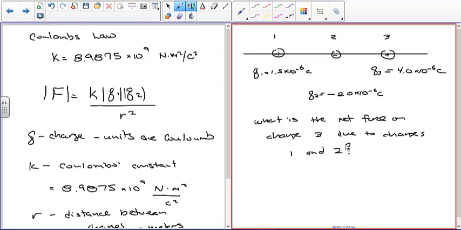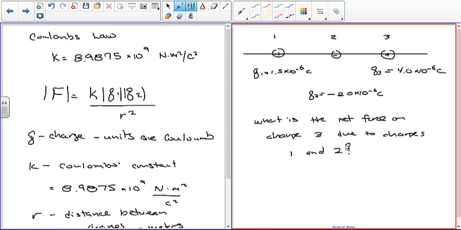Now they're all in a line, so that makes the vector part easy. We just have to worry about whether the sign associated with the interactions is positive or negative. Just like we did with forces, the net result is the sum of the individual effects.